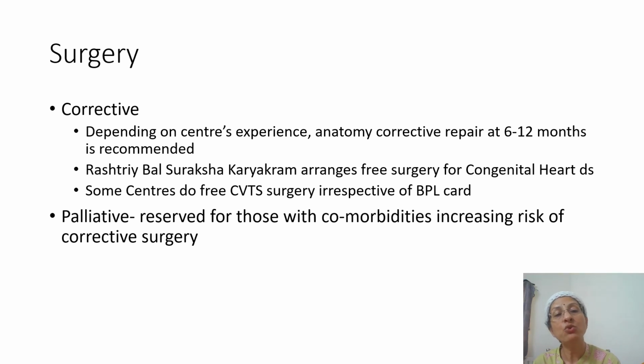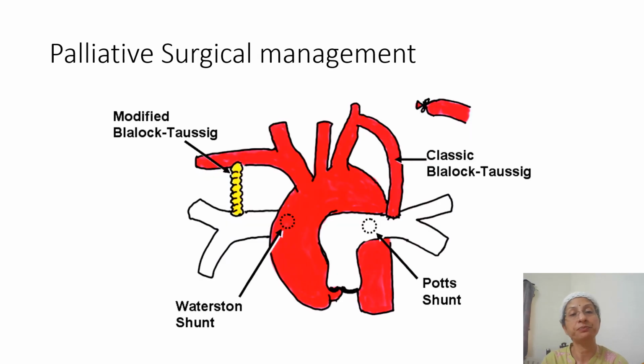We all must know that the government, through Rashtriya Bal Suraksha Karyakram, RBSK, arranges free surgeries for children with congenital heart disease, but some of the children may not qualify for it. So we must also know that there are certain centers which will do free CVTS surgery irrespective of BPL cards.